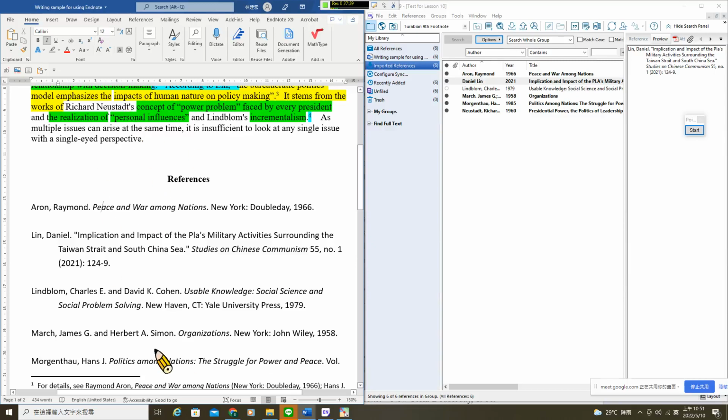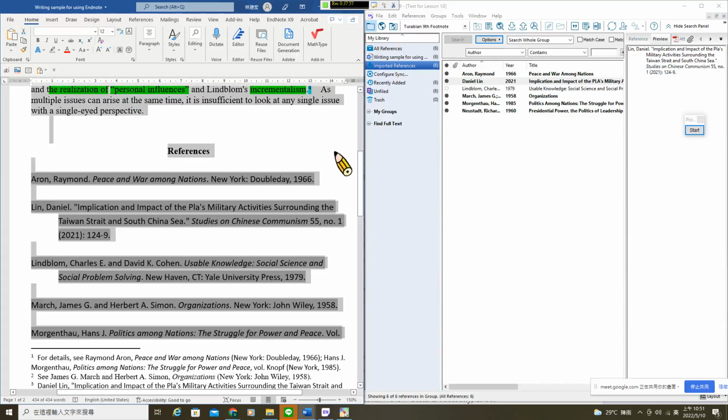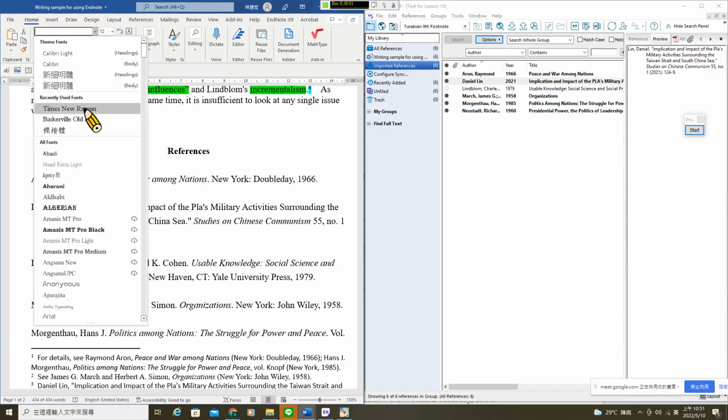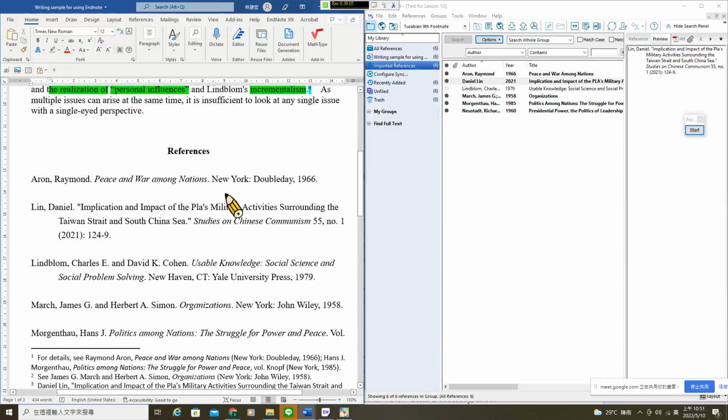So after you have finished your paper, you have to make sure that all the fonts in your paper are Times New Roman. Then how can you do this? Well, you can come here and press Control A, push the two buttons at the same time, and change the font to Times New Roman. The end.